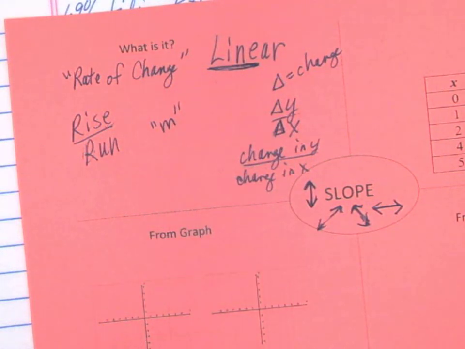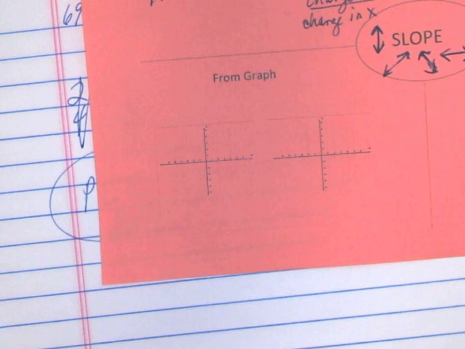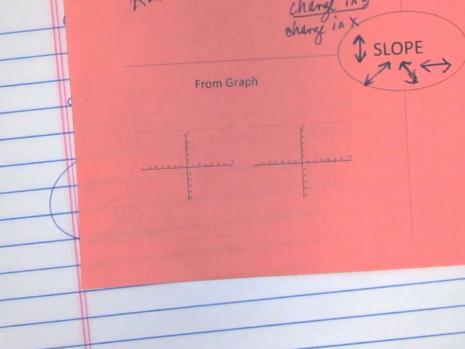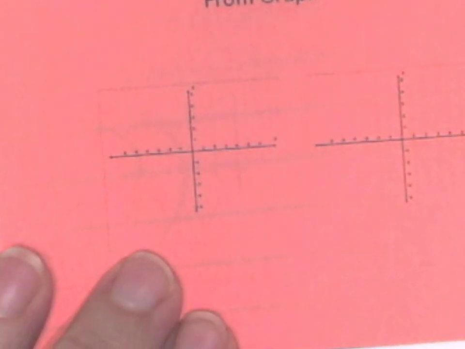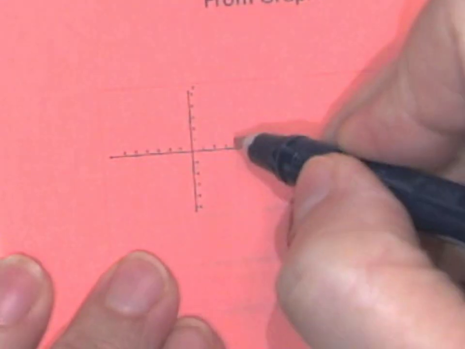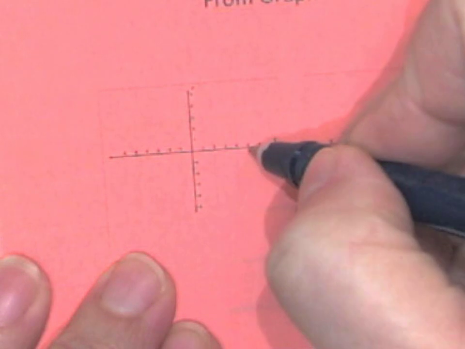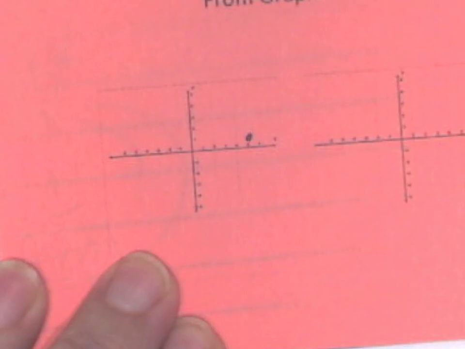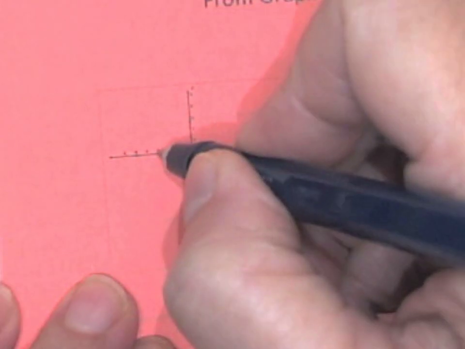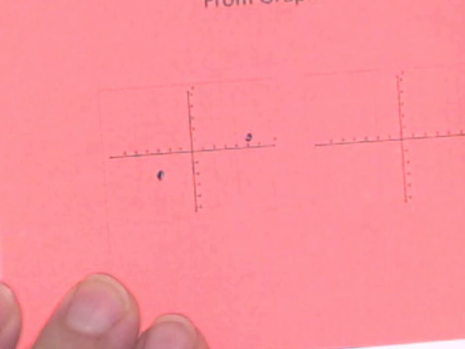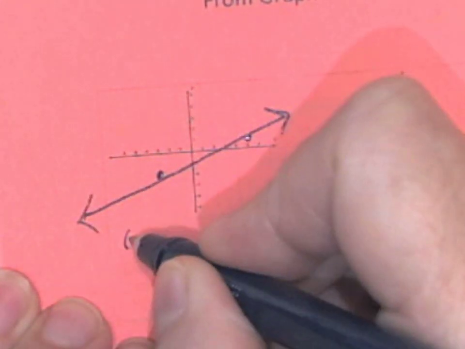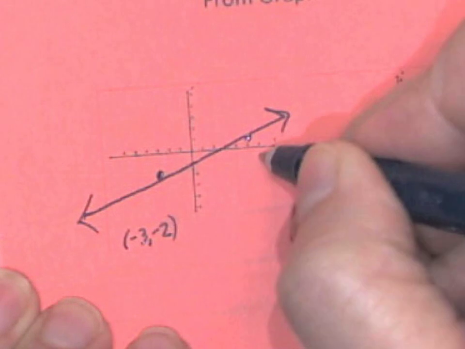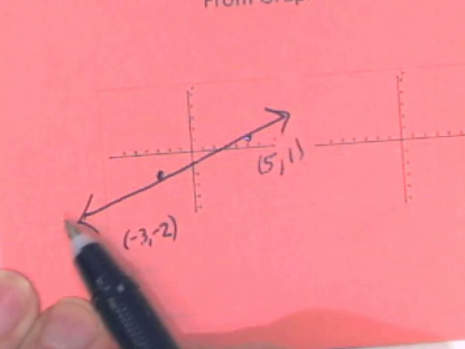All right, let's look at a graph. Let's say we have the graph of a line. I'm going to put a point over here at 5, 1. Then I'm going to put a point at negative 3, negative 2. Let's connect the dots. This is a positive slope.